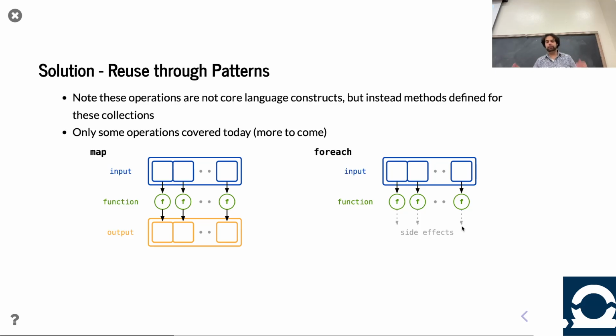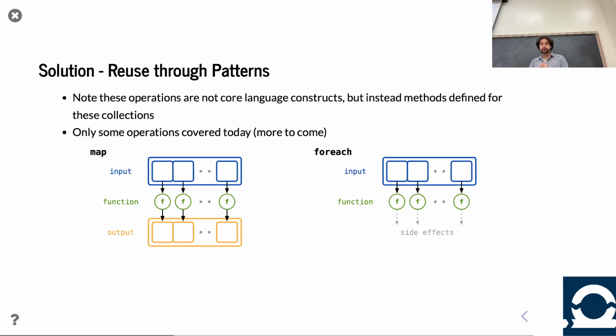So wait a second, they're both applying the function to each element, but foreach has no output. So what does it do? Well, you use foreach when there's some side effect of that function, right? For example, today's lecture is going to show that side effect being printing to the console, right? Println. But in Chisel, it might be doing a connection operation, which has a side effect.